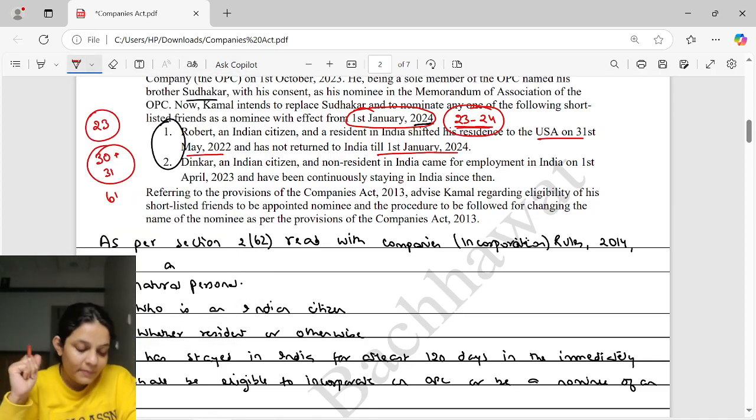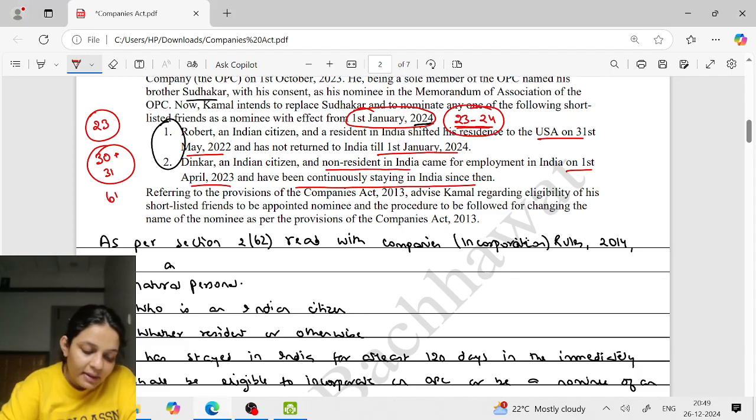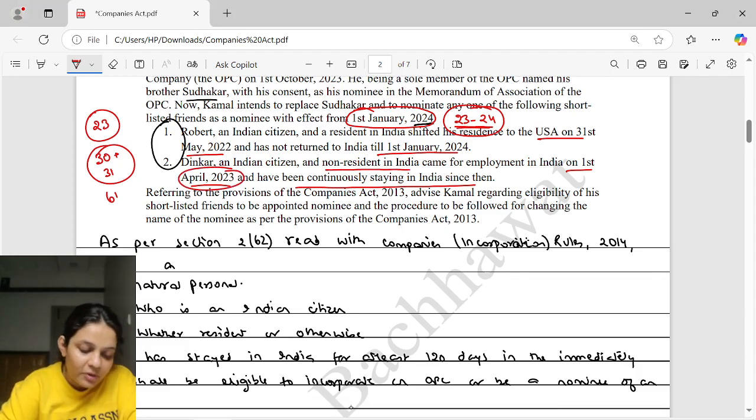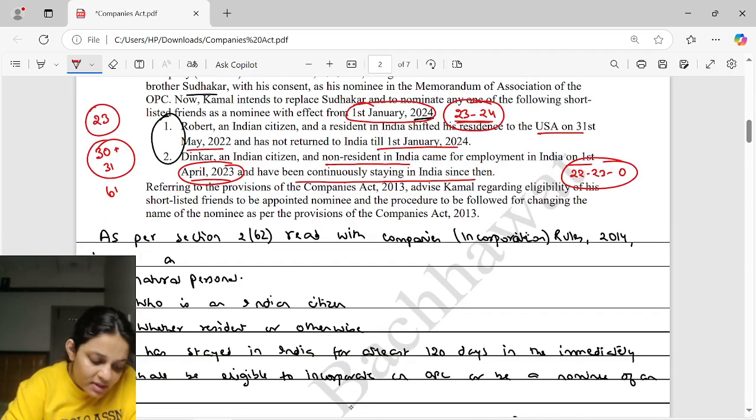Dinkar, an Indian citizen and non-resident in India, came for employment in India on 1st April 23 and has been continuously staying in India since then. Now, he was a non-resident Indian and he came to India on 1st April 23. That means in 22-23, did he stay in India? No. So can he be appointed as a nominee? Obviously not.